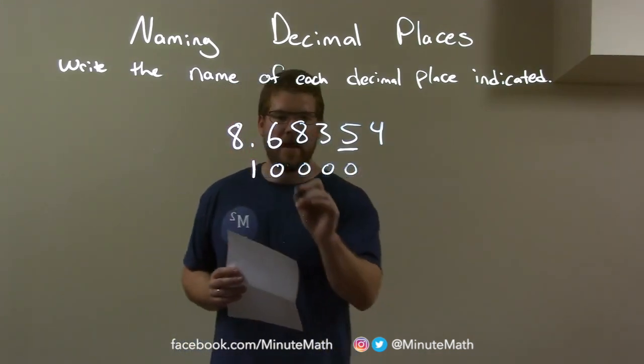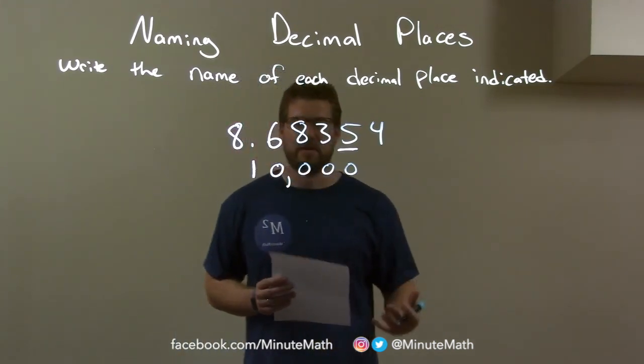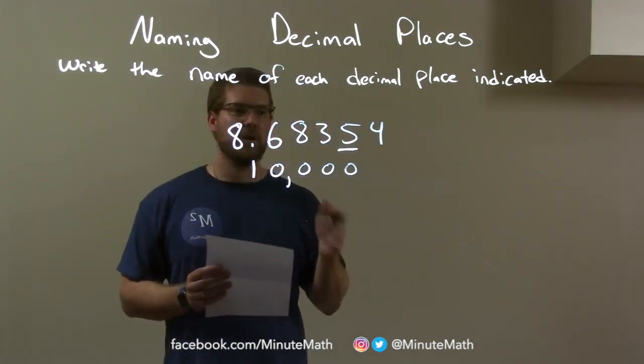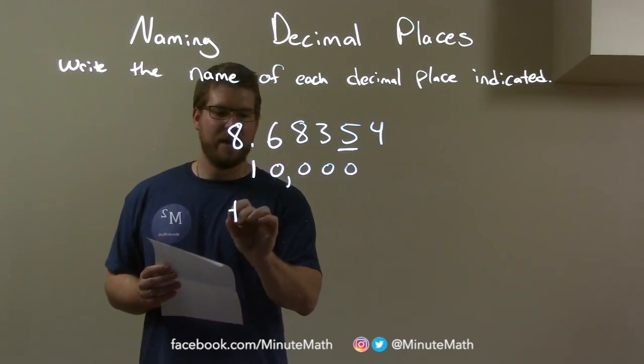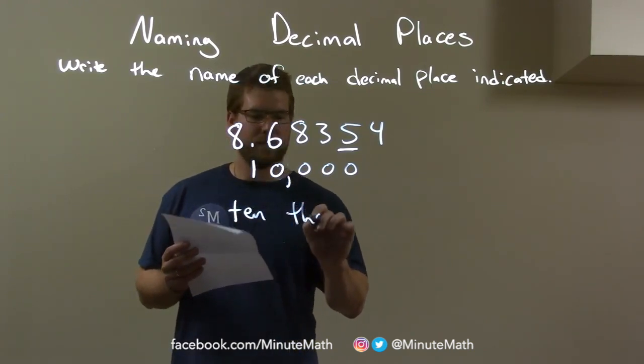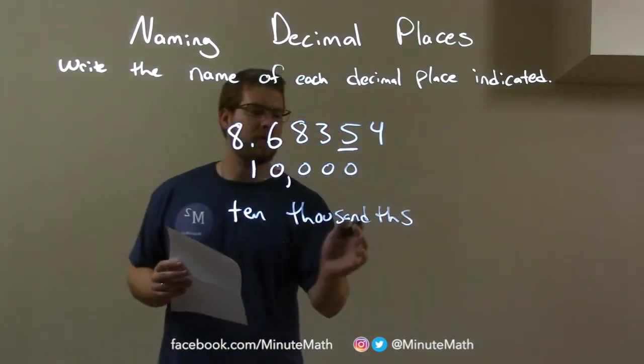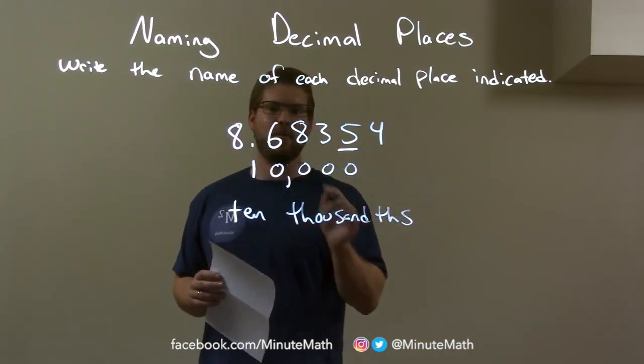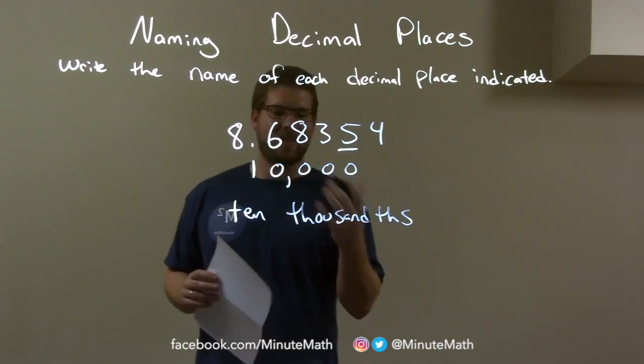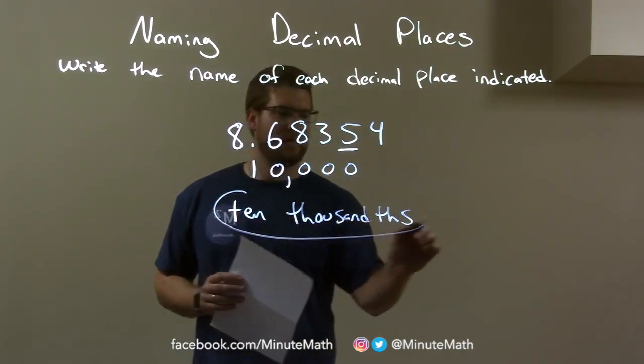Now that number itself is 10,000, so that gives me a clue. So this is what we call the ten thousandths. And that "ths" is added when it's the decimal. But it's a ten thousandths decimal place right there.